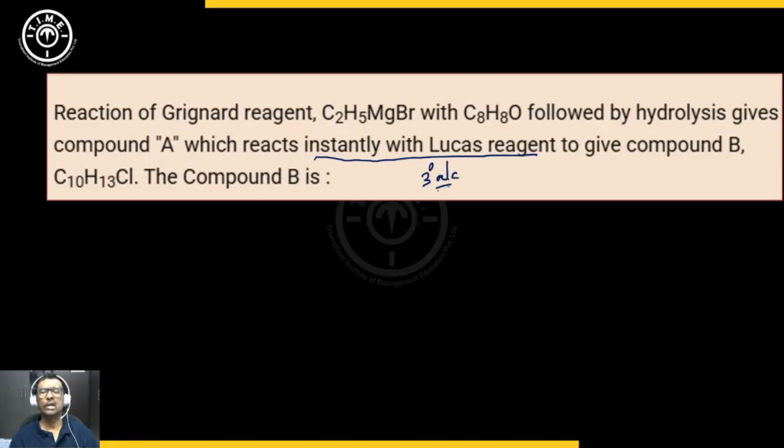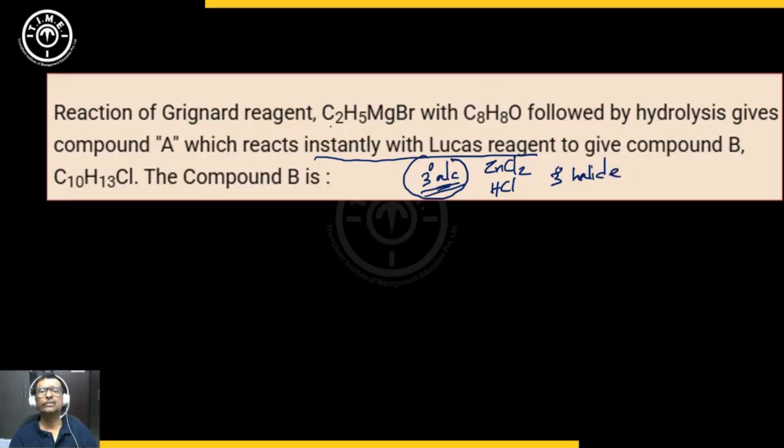We know that the tertiary alcohol will immediately turn into a tertiary halide. Tertiary alcohols are very reactive, is it not? So, this will give us instant reaction with Lucas reagent. Lucas reagent is what? Concentrated HCl and zinc chloride anhydrous combination. So, we need to have a tertiary alcohol, and the tertiary alcohol will form a tertiary alkyl halide.